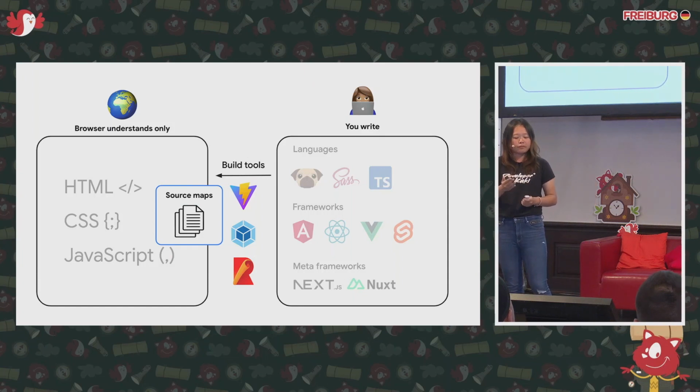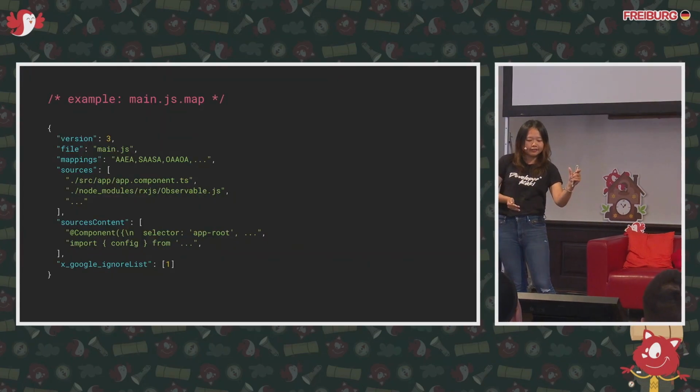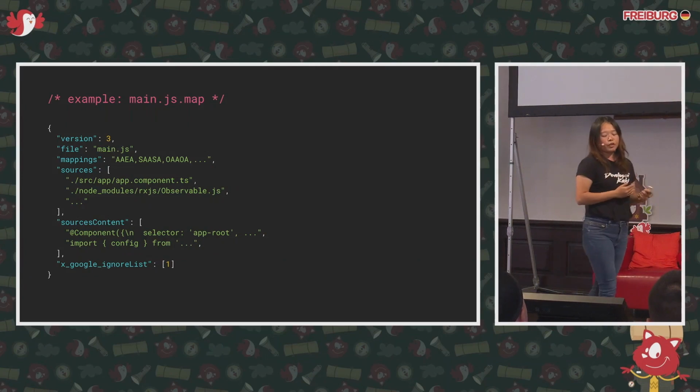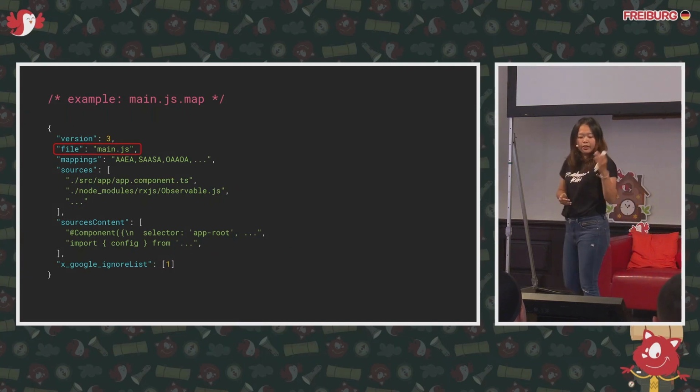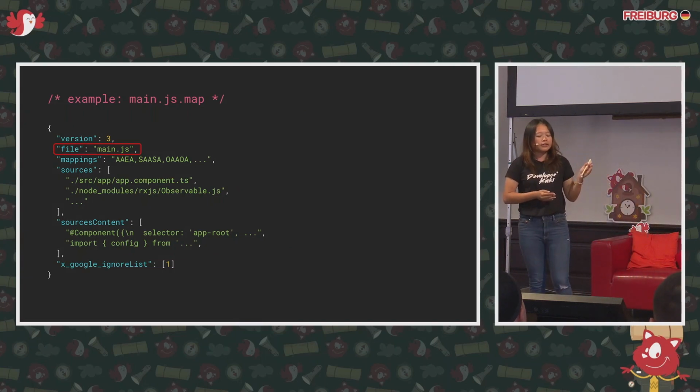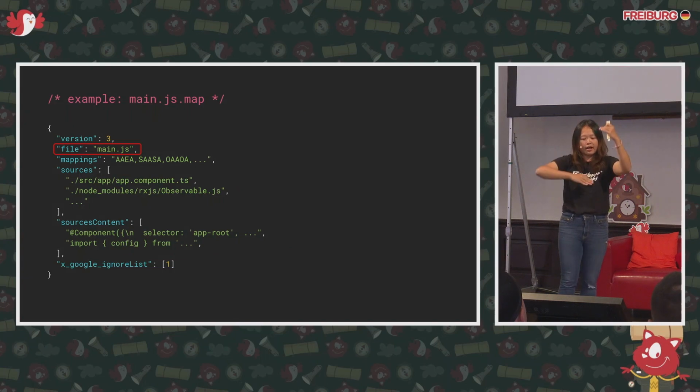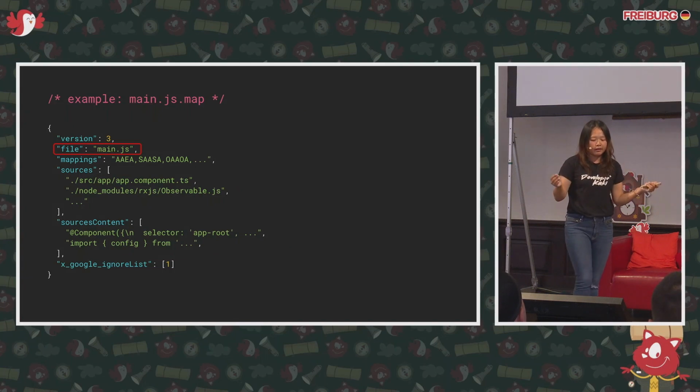So this source map looks something like this. This is an example of a source map used for main.js, the main.js.map. It's a JSON file format. This line says that this source map file is for this main.js file.